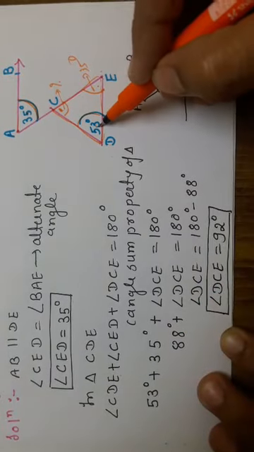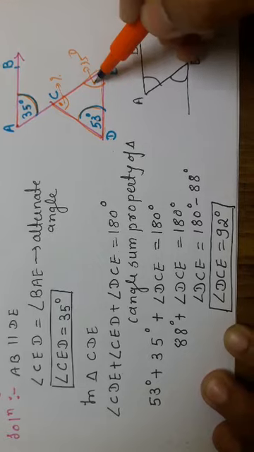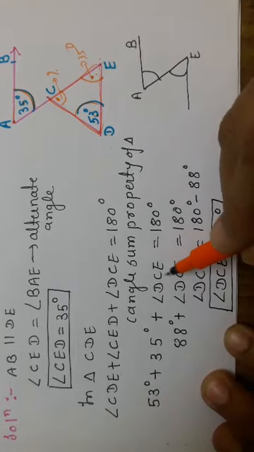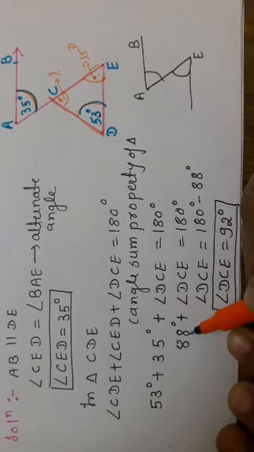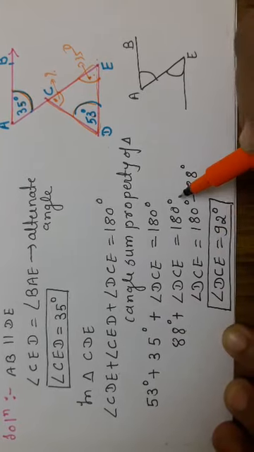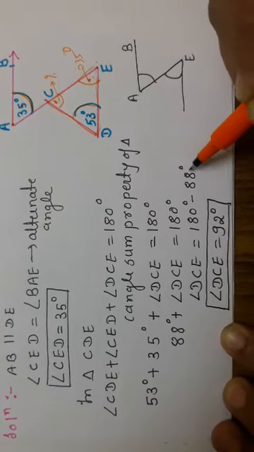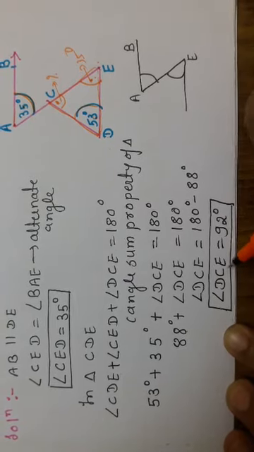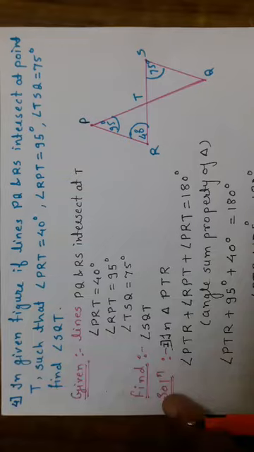This is 53 degrees for CDE, then this we just found, 35 degrees, plus angle DCE is equal to 180 degrees. 53 plus 35 is 88 degrees plus DCE is equal to 180 degrees. We shift it: 180 degrees minus 88 degrees. So we got angle DCE is equal to 92 degrees.